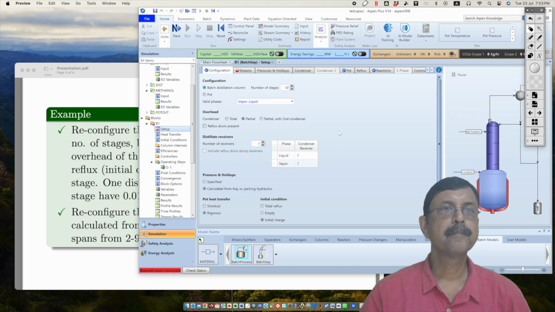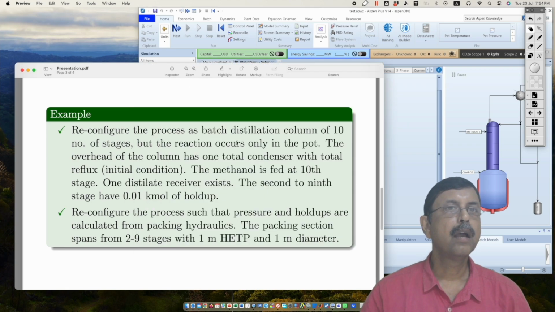We'll press, and then what are the other things? The overhead column has one total condenser with total reflux.